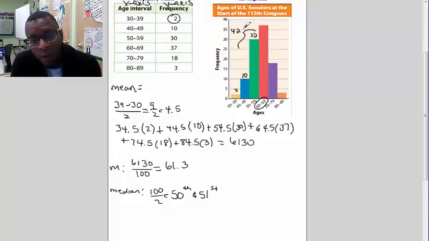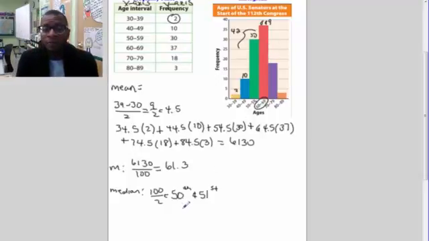So if we need to go to our 50th, that's 8 more. So we need the 8th and the 9th term in this increment. In order to do that, we need to figure out what percentage of this increment will get us to the 8th or the 9th data value.